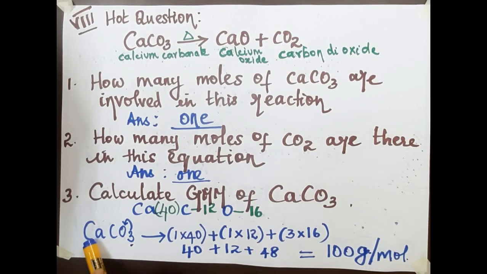How many calcium atoms are there? 1. So 1 into 40 plus 1 into 12 plus 3 into 16. This 3 belongs to oxygen alone. It does not belong to C. So 40 plus 12 plus 48, and the answer is 100 gram per mole. This is very important.